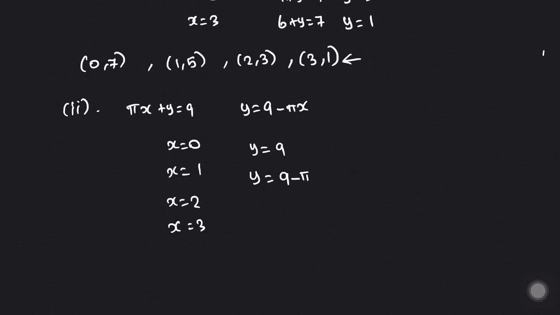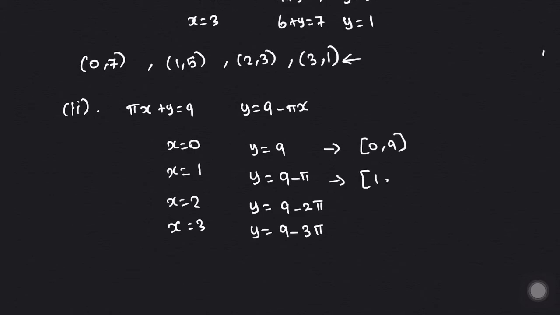Then x equal to 2, the value of y equals 9 minus 2 pi. Then x equal to 3, the value of y equals 9 minus 3 pi. So the solutions are (0, 9), (1, 9 minus pi), then (2, 9 minus 2 pi), and (3, 9 minus 3 pi). So these are the solutions.